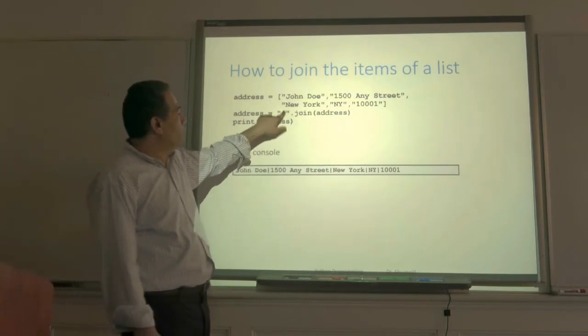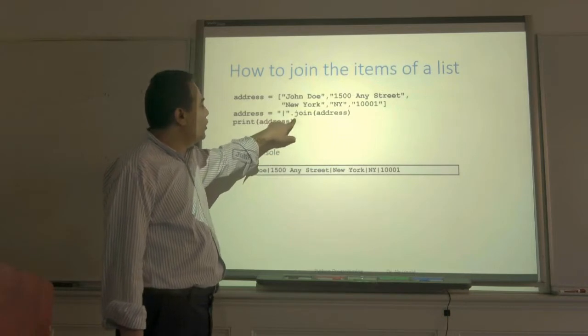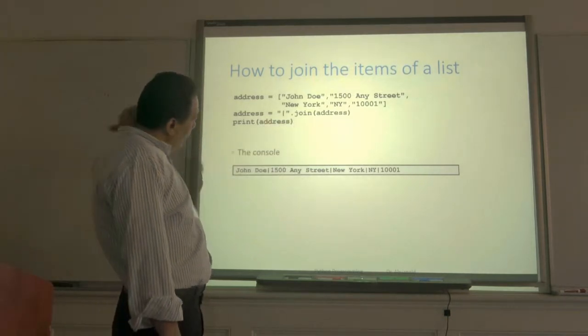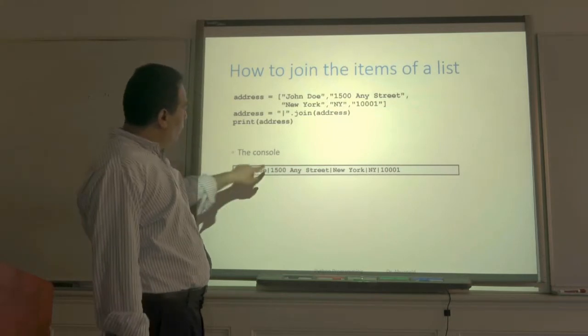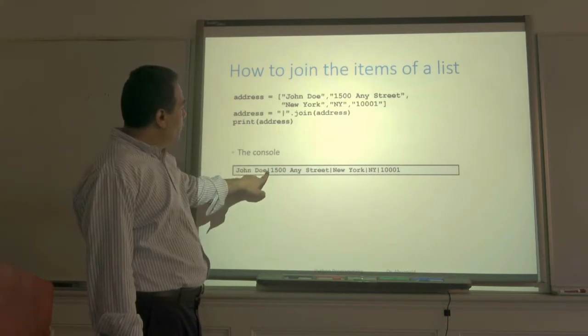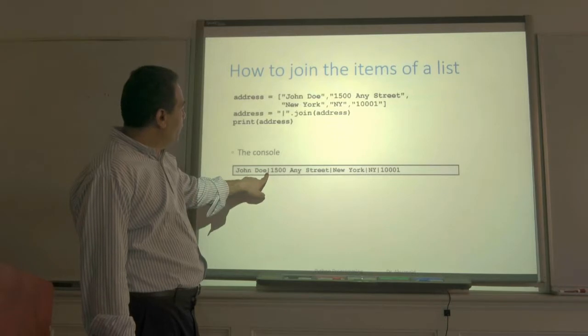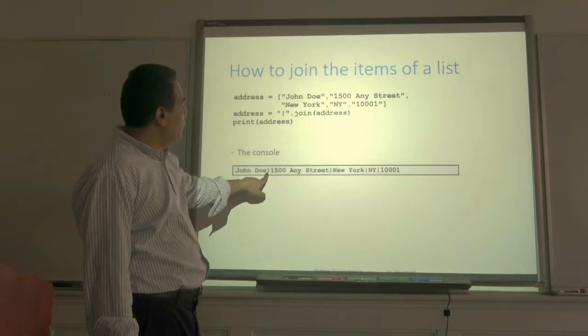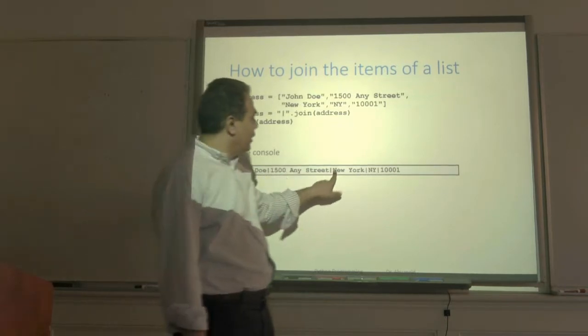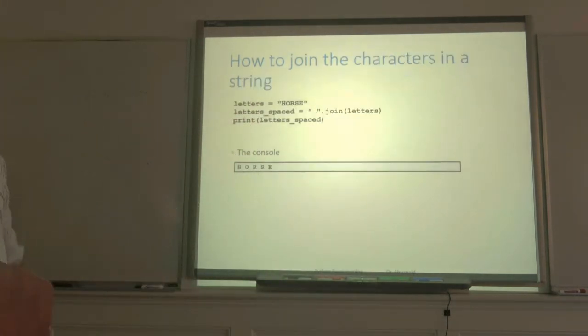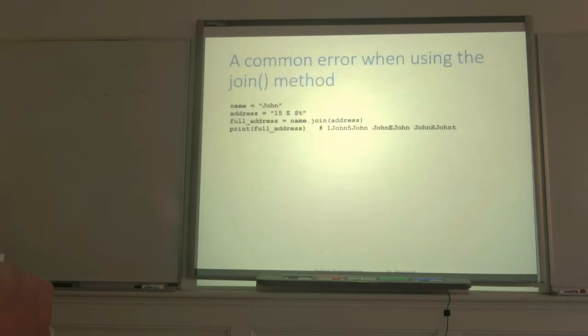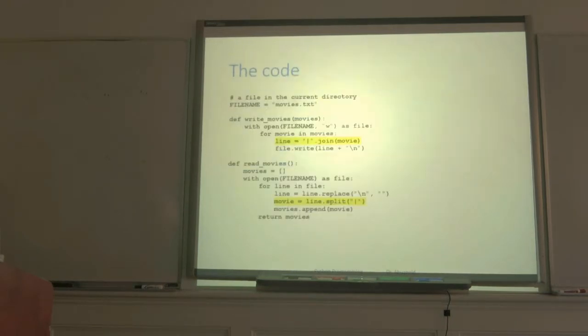You join with this character, the address, and then you print the address. So what does it do? It joins every element with the character in here. So you could join with a certain element. I don't want to go over this now.